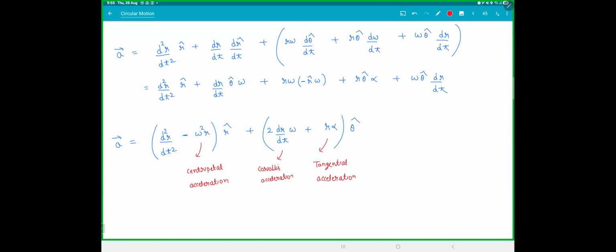The whole thing is called radial acceleration, but this thing is your linear acceleration, basically the acceleration along the vector. So actually, when your particle is going in a curve, you have 4 acceleration terms.